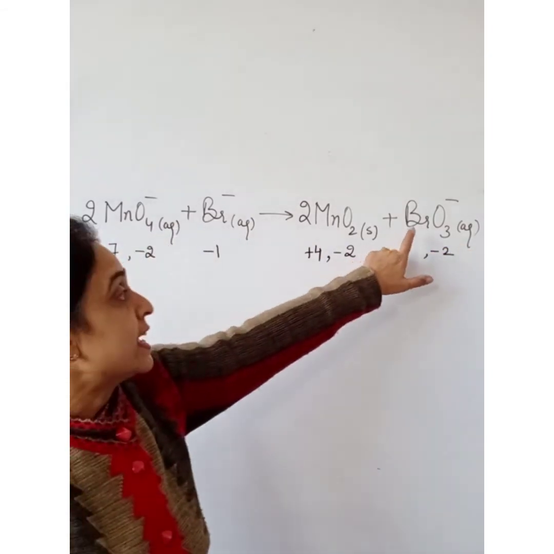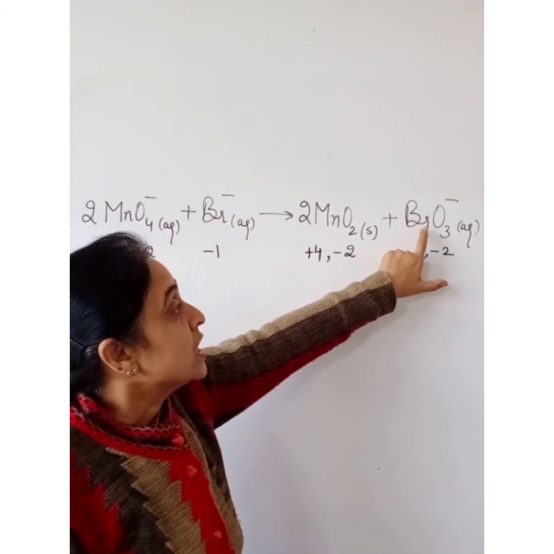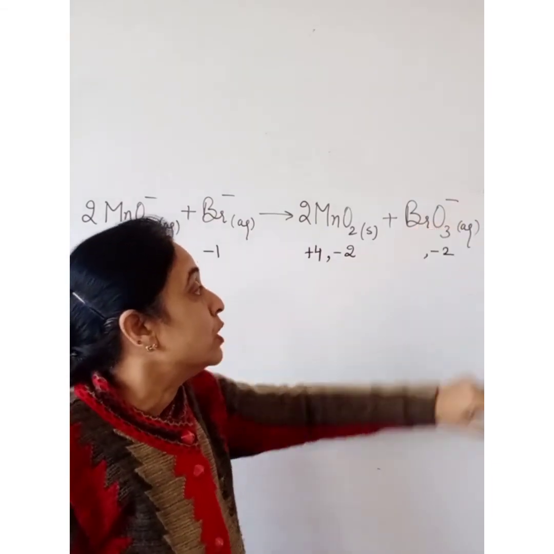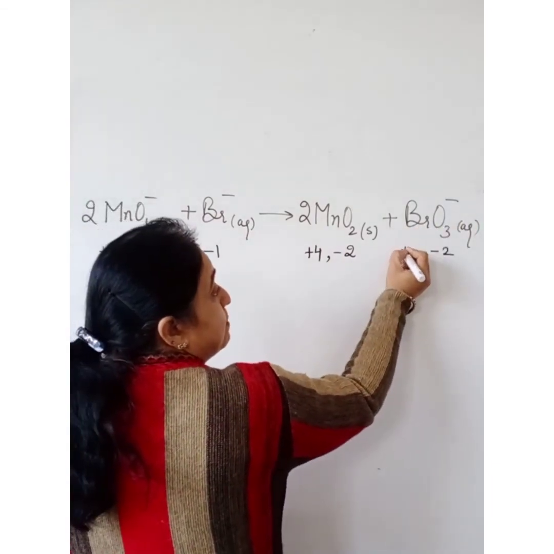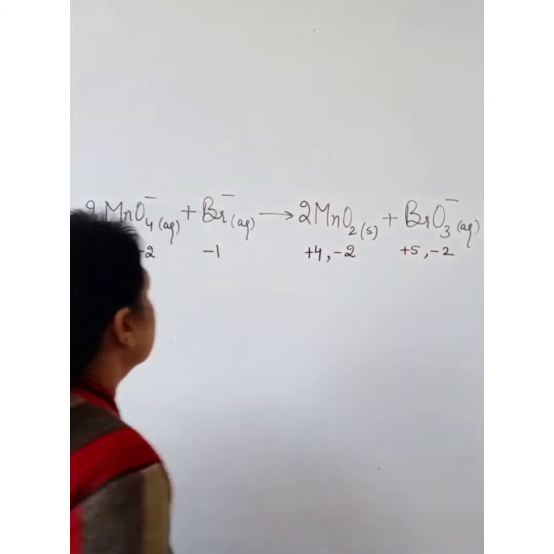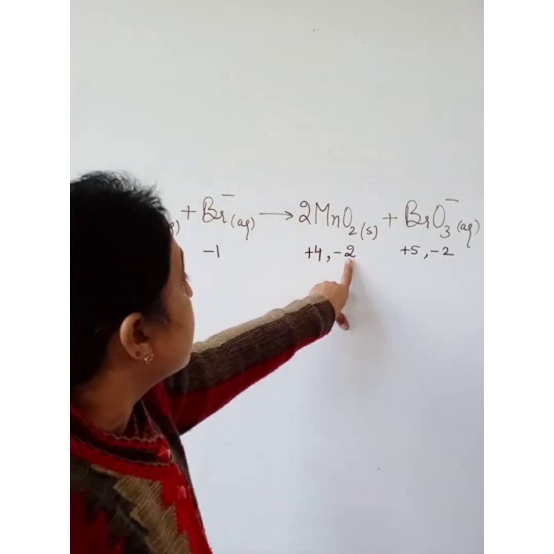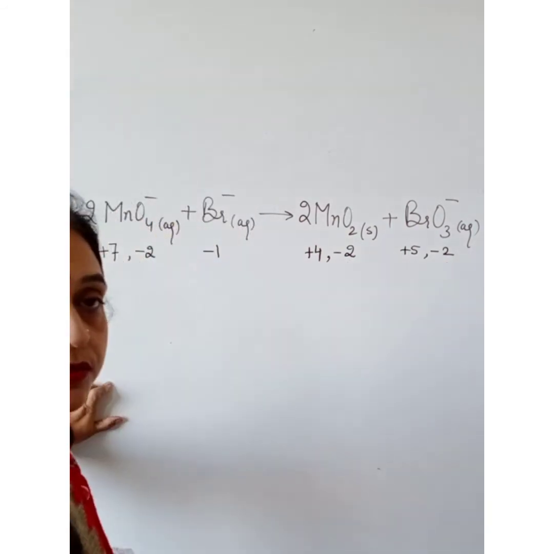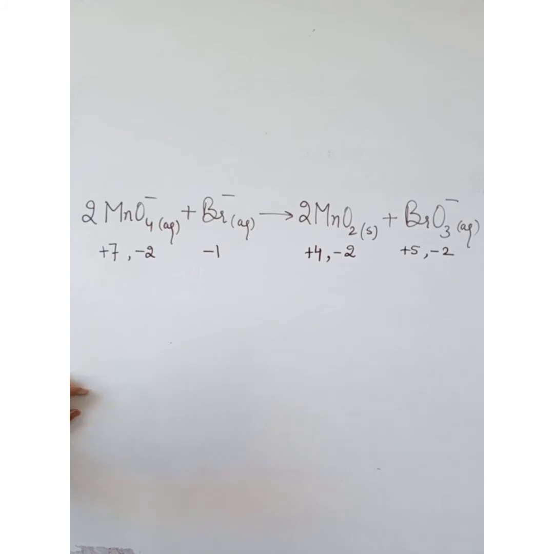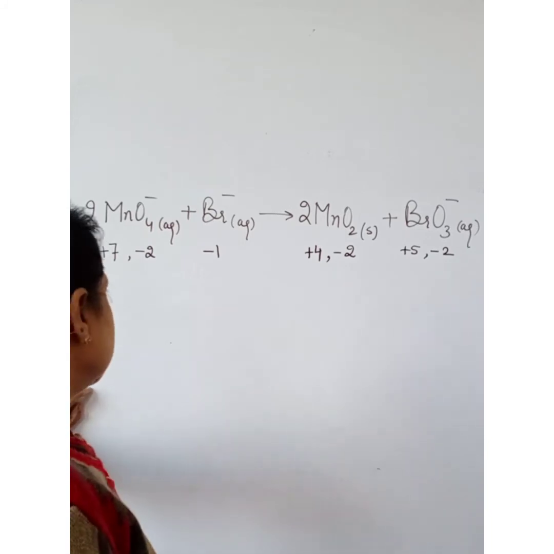Now x plus 3 into -2 is equal to -1, so we are getting +5 for Br. Now identify the elements. Mn and Br and oxygen, 3 elements are involved in the reaction. But you can see oxygen is not undergoing any change in oxidation state. So we have to ignore those elements which are not undergoing a change in oxidation state.